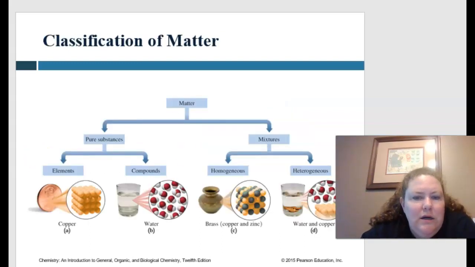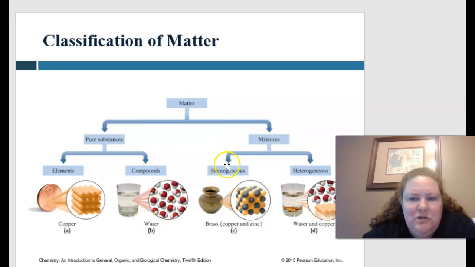So here is a fun little table that I really like. It's not a Venn diagram, it's a table, a pedigree type table, of separating out the classifications of matter. Matter can either be pure substances or mixtures. Under the pure substances, we have two subcategories: elements and compounds. Elements are in their pure form, whereas compounds are elements chemically combined together.